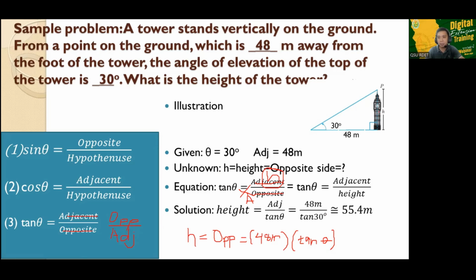We illustrate for us to visualize the problem. And then based on the problem, we identify what are the given, including the representation and the correct units. And also, we determine what is being asked.